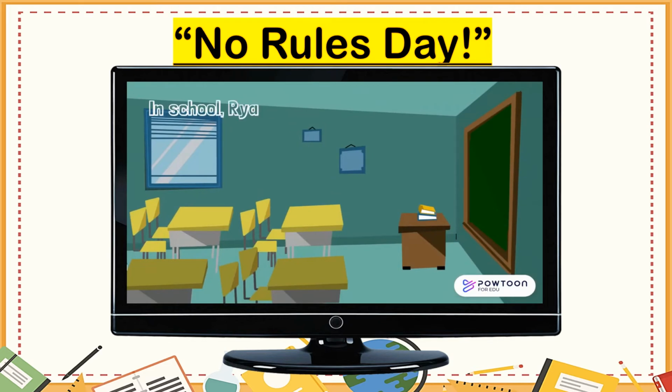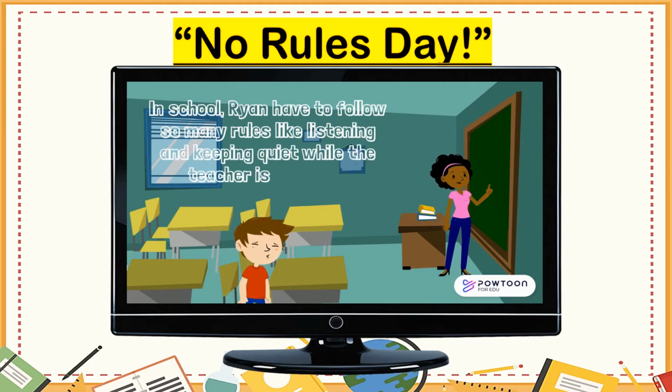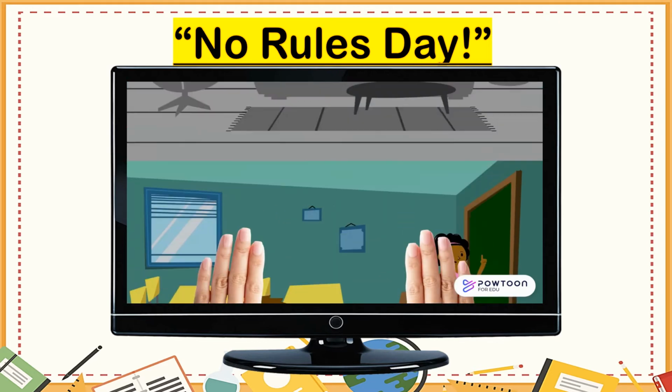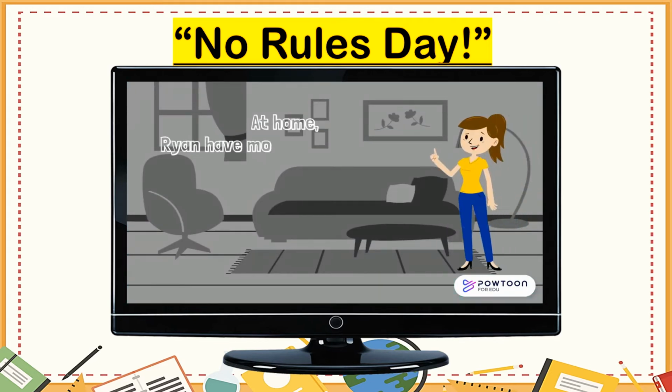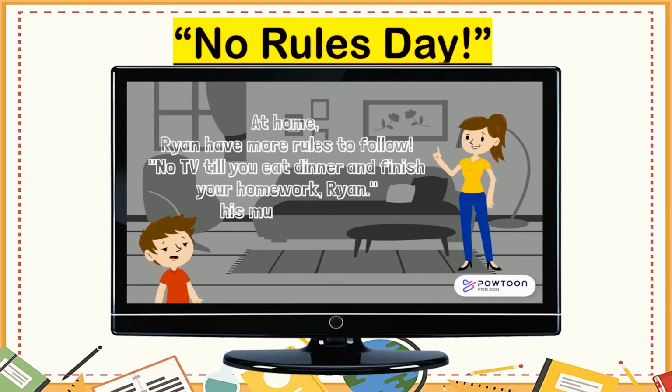In school, Ryan has to follow so many rules, like listening and keeping quiet while the teacher is teaching. At home, Ryan has more rules to follow. No TV till you eat your dinner and finish your homework, Ryan, his mommy said.